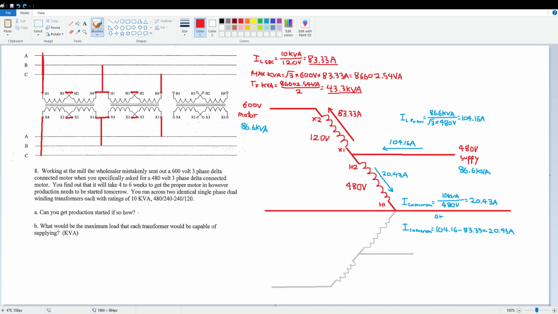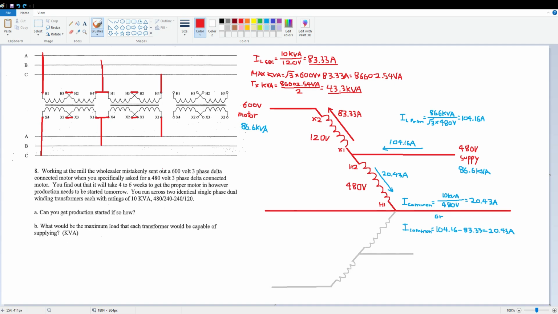Yeah, so now I'm going to go on to the calculations. Basically, this is how you would wire it up, like an open delta, except you just have this portion tapping onto the B line. So this question is basically saying that we're given a 600 volt delta motor, but we wanted a 480 volt one.